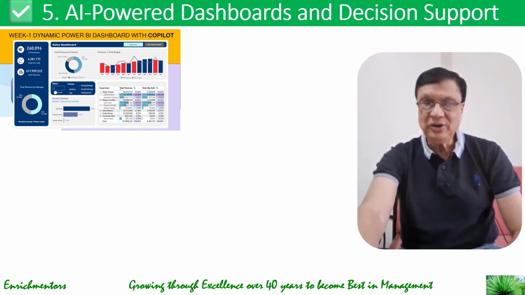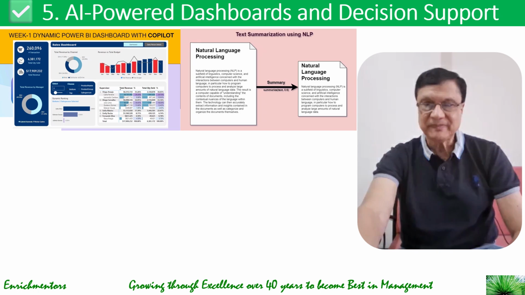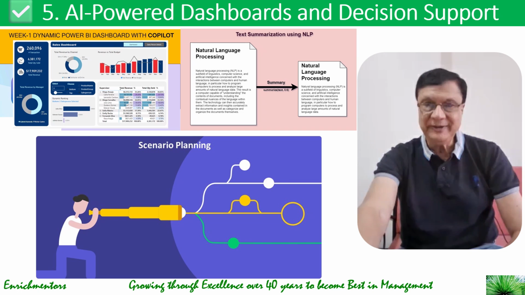Second, it can do natural language summaries. Tools using NLG, natural language generation, summarize project status for executives, so it gives you the summary. And third, it can do scenario planning, where AI can help simulate multiple project execution paths and recommend the most efficient one.